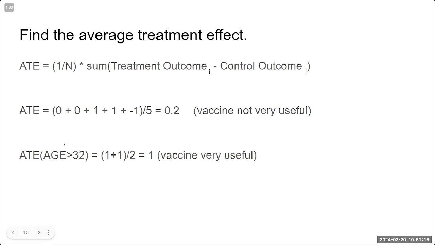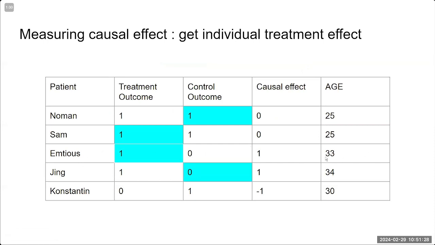However, there is another thing, the conditional causal treatment effect. If we condition over the age, say in the third row, we can see the average treatment effect for those who have age over 32. For them the causal effect is 1 in all the cases. In the third and fourth rows, the causal effects are 1 and they have ages of 33 and 34.